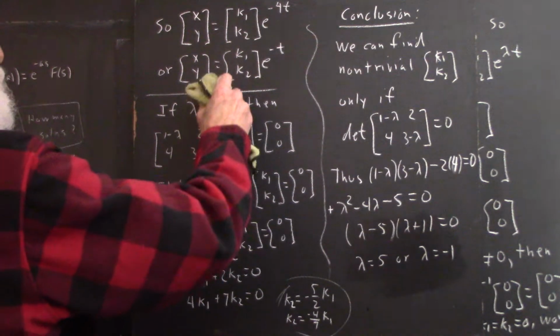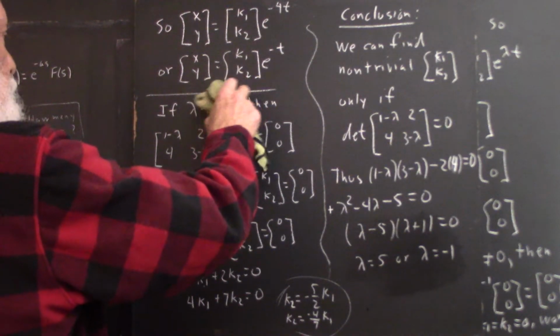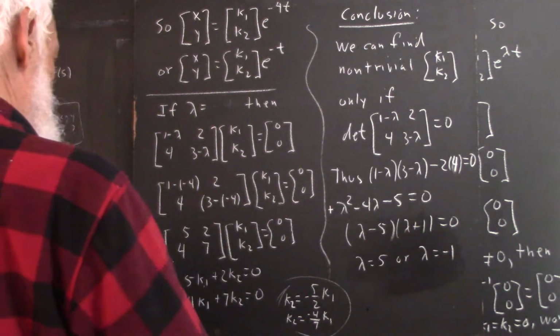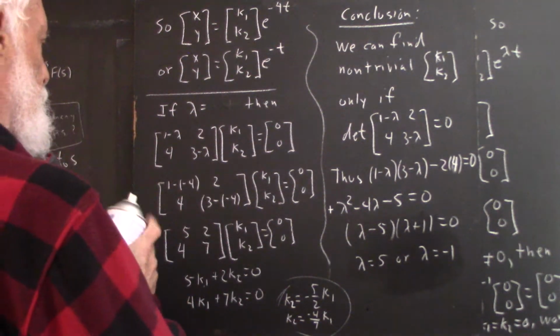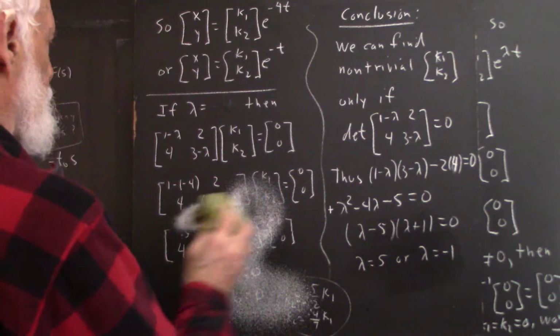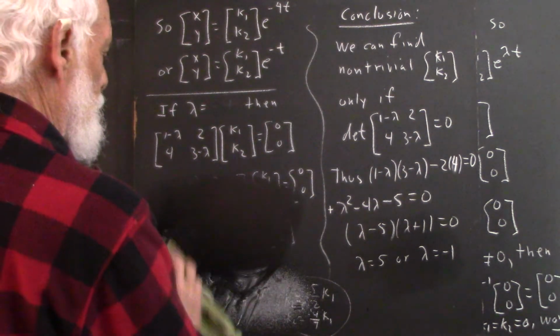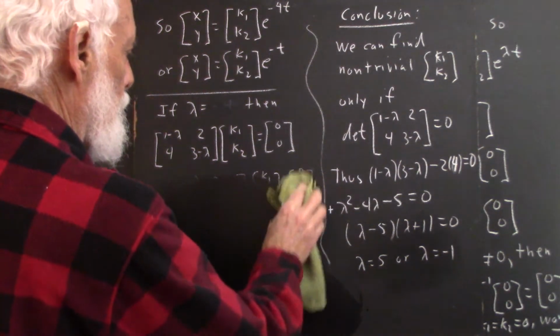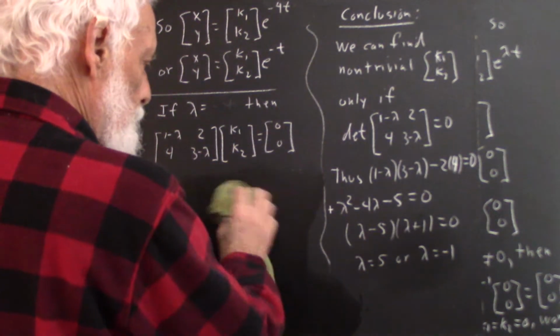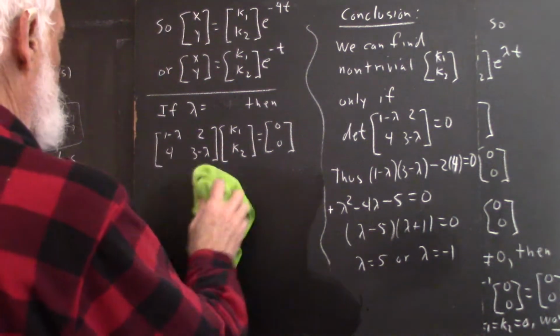Okay, so let's go ahead and do this for lambda equals 5. And I'm just going to wipe out all this stuff because we can write it again quickly. Okay.